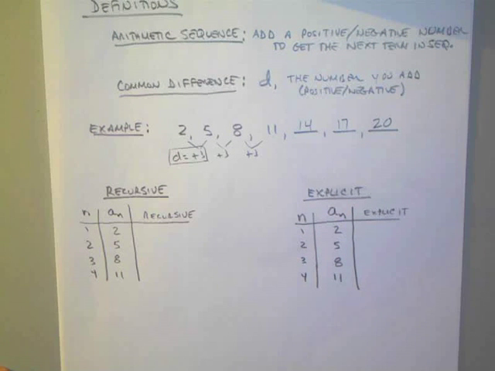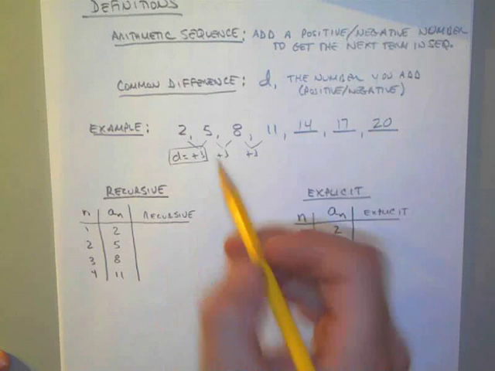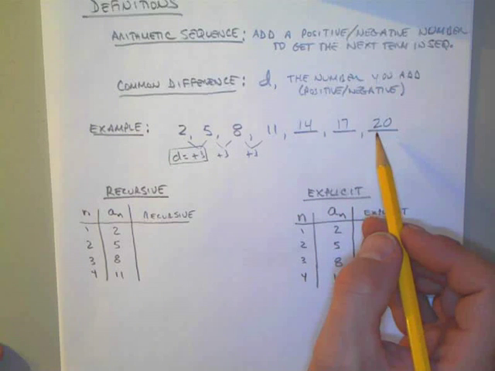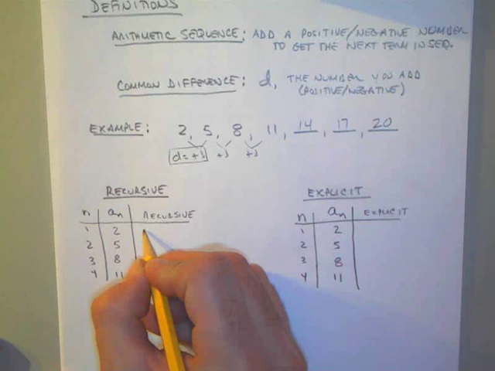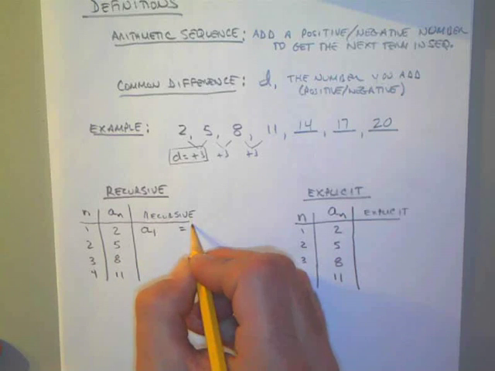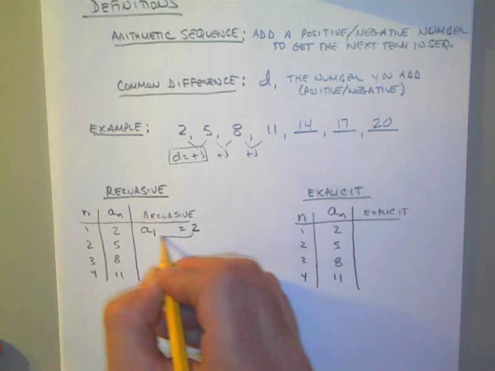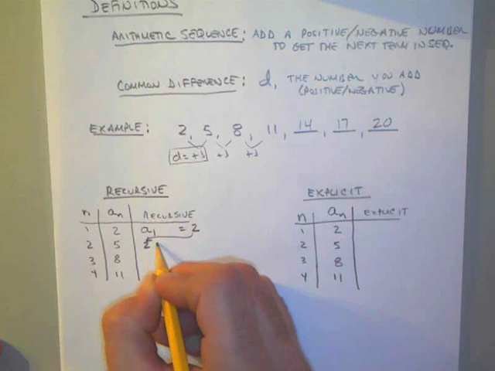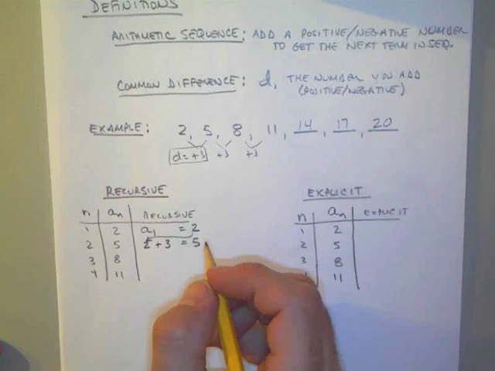So let's talk about the recursive formula for an arithmetic sequence. What we're going to do is derive the recursive formula for this sequence, and then generalize it for any arithmetic sequence. And it works like this. We need to know the first term, so A1 equals 2. Now, to get the next term, we would do the previous term, 2, plus the common difference, which is 3, to get the next term.